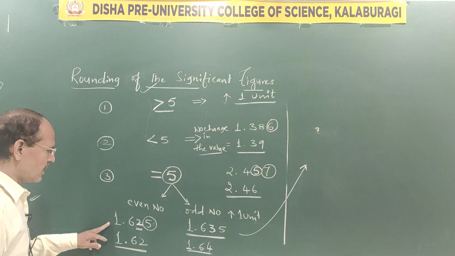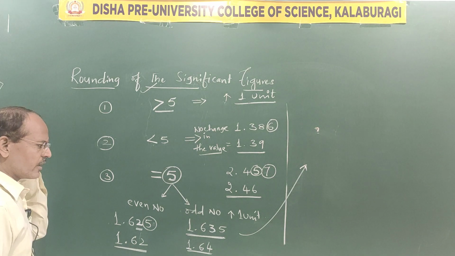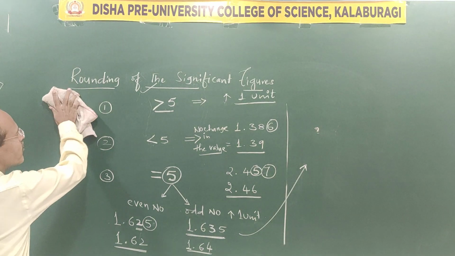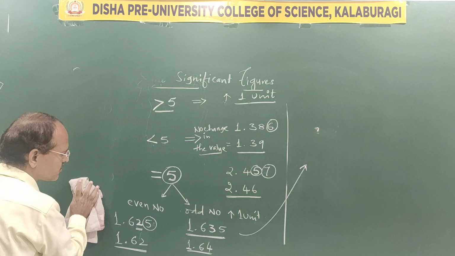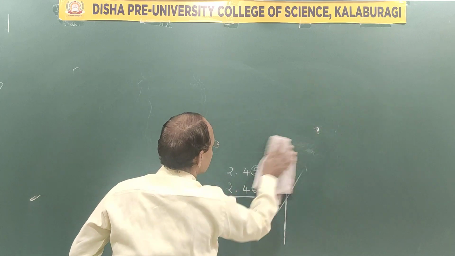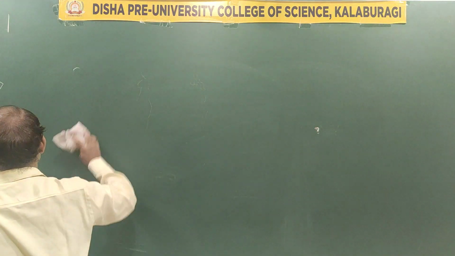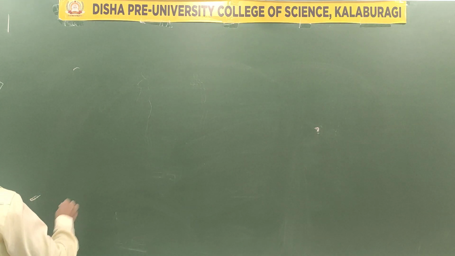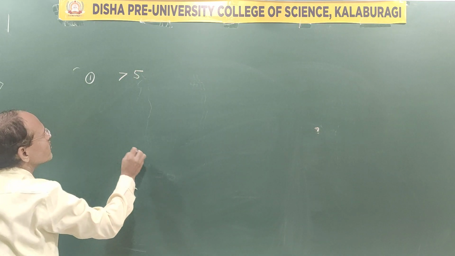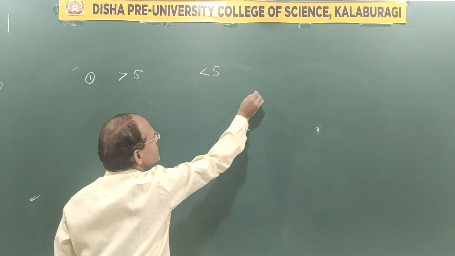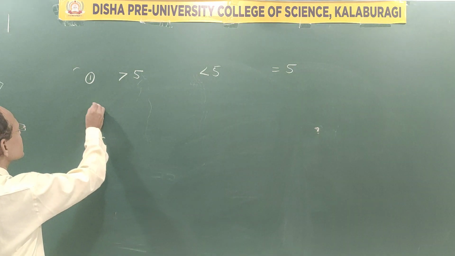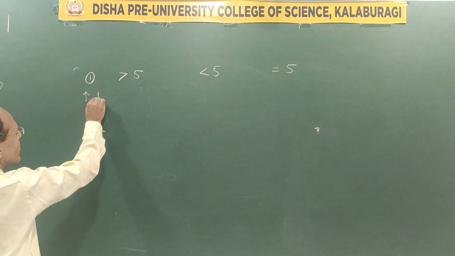Now I'll go with another point. I'll just brief about this rounding concept. So, in rounding off, there are three possibilities: greater than 5, less than 5, equal to 5. If it is greater than 5, the preceding number is increased by 1 unit.